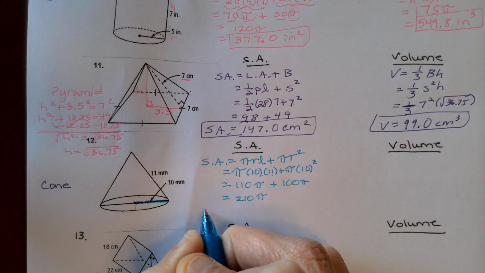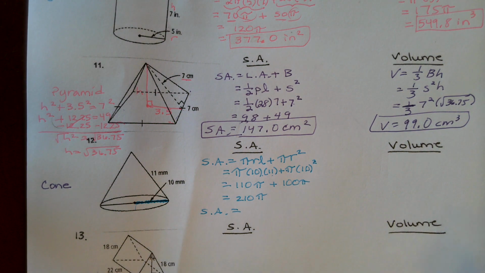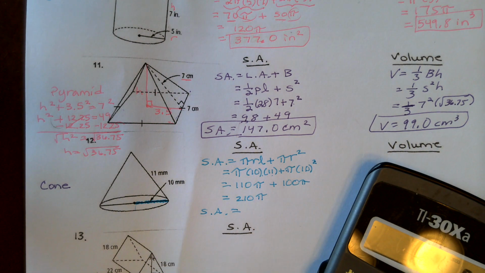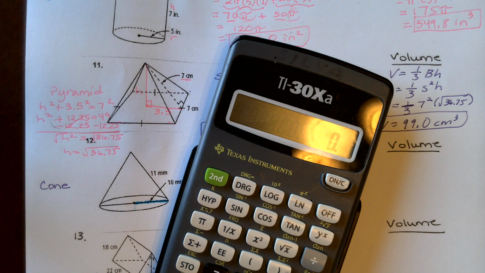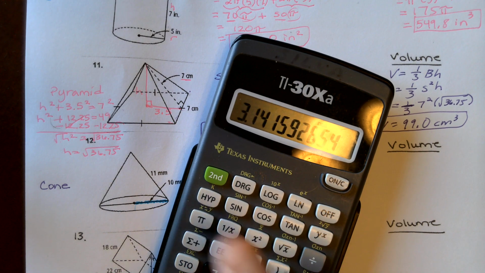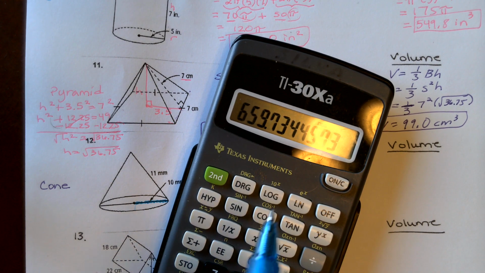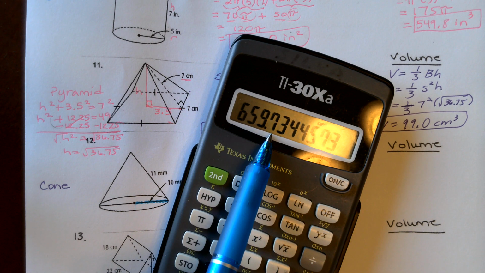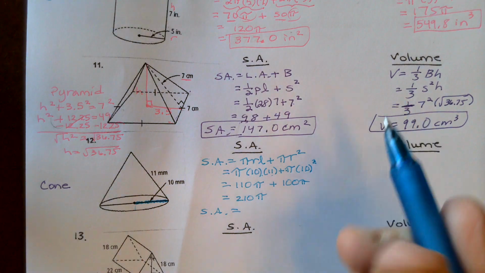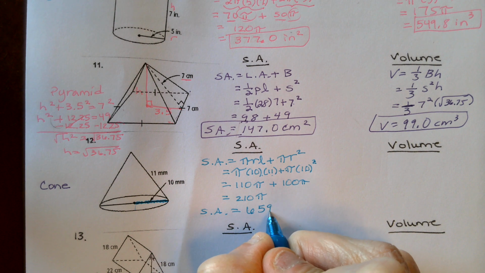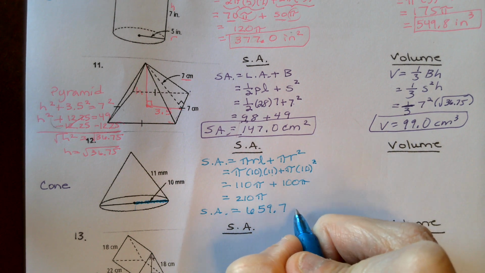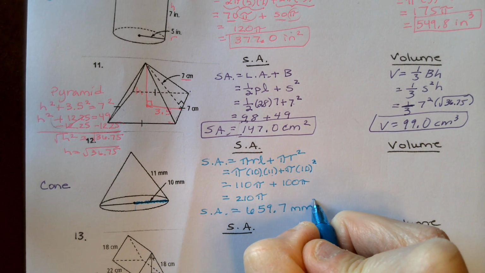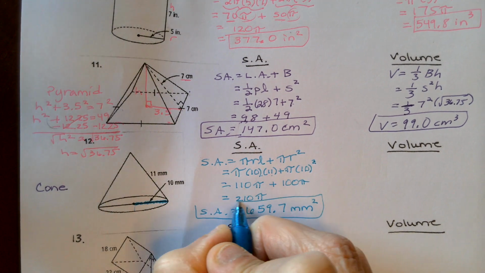It is only now that I will grab my calculator, because if you've been rounding along the way, you'll likely have it rounded wrong at the end. 210 times pi equals, nearest tenth, 659.7. And it is millimeters, it's area, so it's squared.